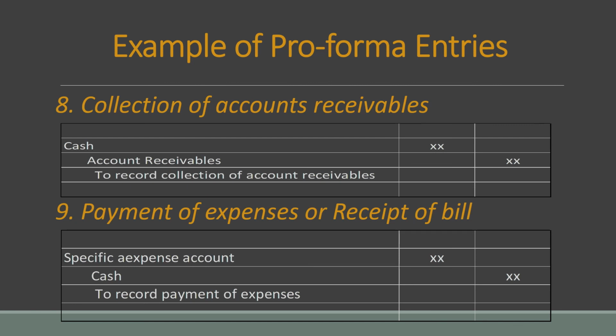So, ano naman yung proforma entries kapag nagkaroon ng payment of expenses or receipt of bill? Kapag nagkaroon ng payment of expenses, ang magiging entry nyo is yung specific expense account, kung ano yung binayaran. For example, electricity. So, yung i-debit nyo is electricity expense.